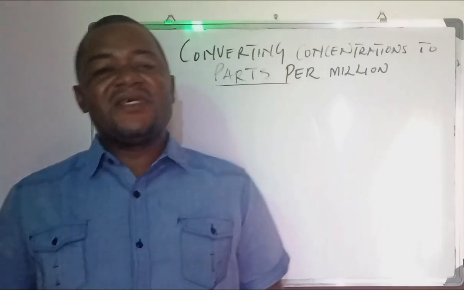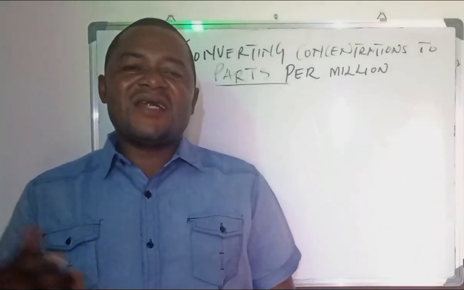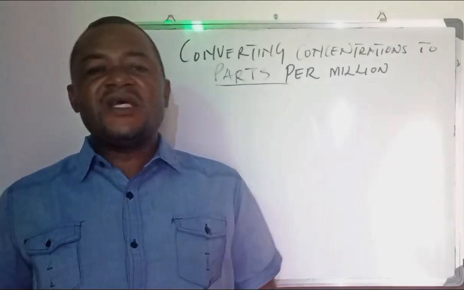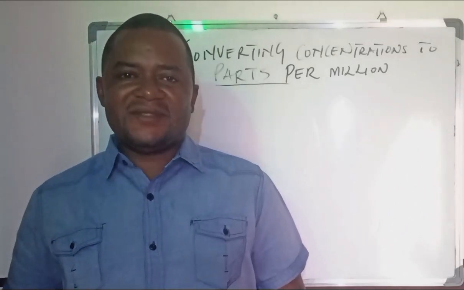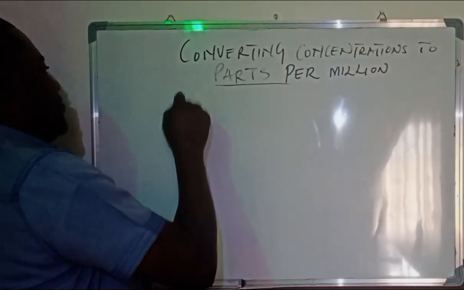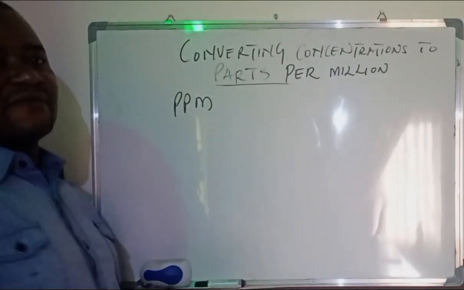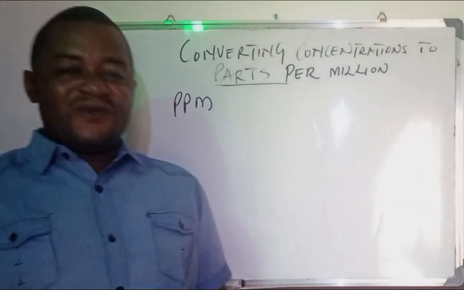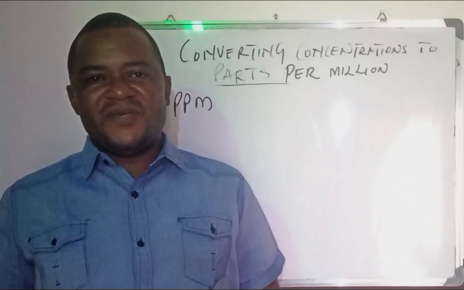How do you convert from certain concentrations to parts per million as a concentration? But before we go into that conversion, I want us to realize that parts per million is commonly written as ppm. And it's also important for us to understand what we mean by parts per million.